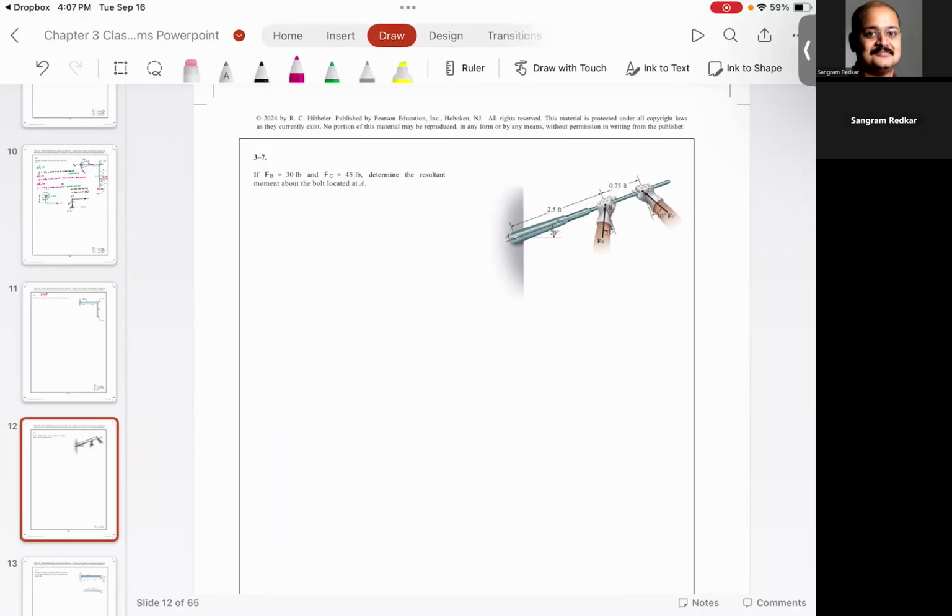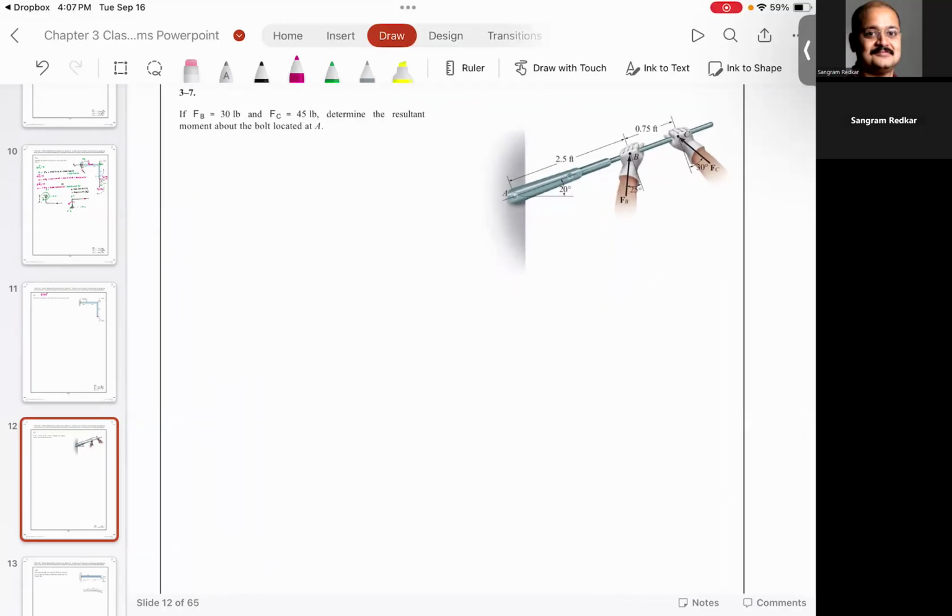If I were to draw the free body diagram, this is the beam and this is the vertical line, and you have one force which is going like this, and the other force which is going like this. So you have FB and FC.